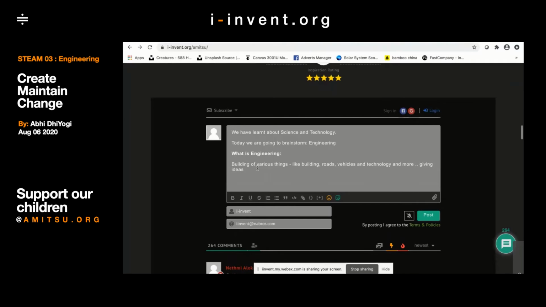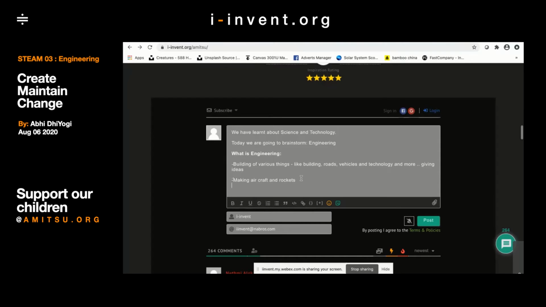Saying that for making aircraft and rockets, engineers are the ones who give their ideas or plan the structure of that aircraft. Very good. So building of aircraft and rockets. Anyone else?